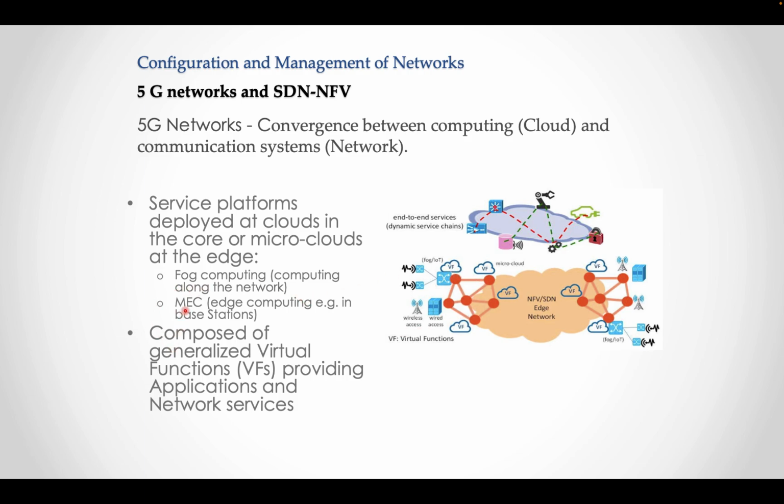Fogs is cloud near the ground, meaning data centers closer to the edges of the network because of latency, and a related concept, which is mobile edge computing, which also means computing, but in this case almost in the base station, so as near to the user as possible.